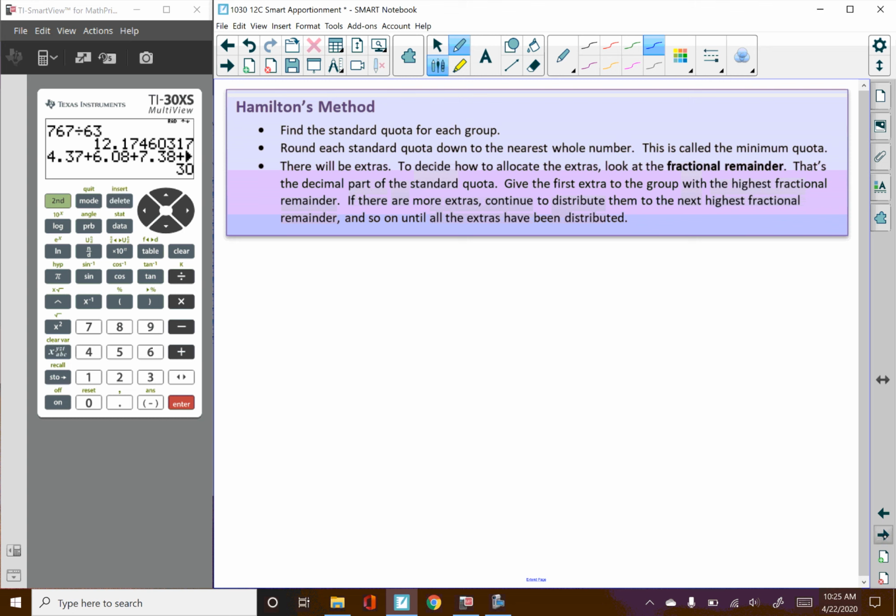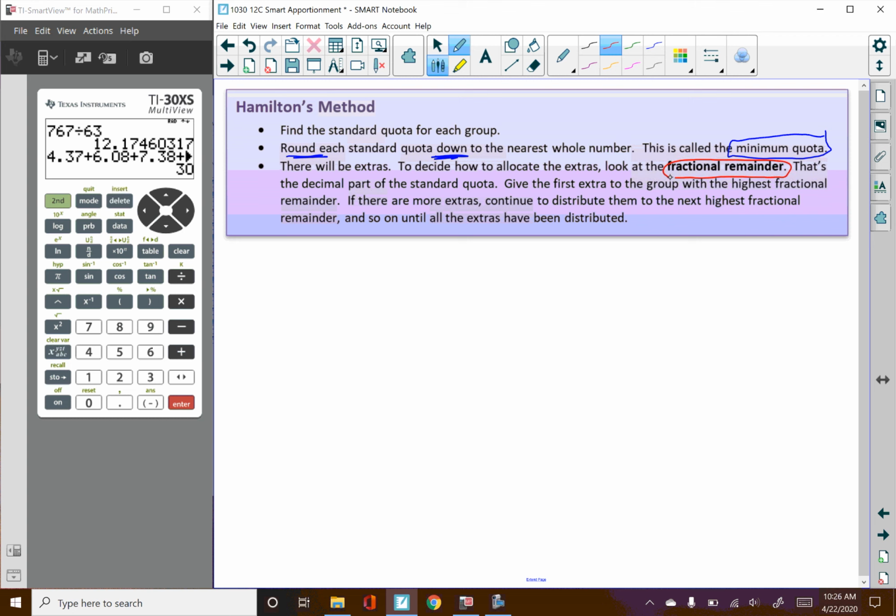So in Hamilton's method, you find the standard quota for each group, and then you round each standard quota down to the nearest whole number. That rounded down amount is called the minimum quota. You're going to have some extras though. If you round everything down, you're going to have extras. You decide how to allocate the extras by looking at the fractional remainders, the decimal part essentially of the standard quota.